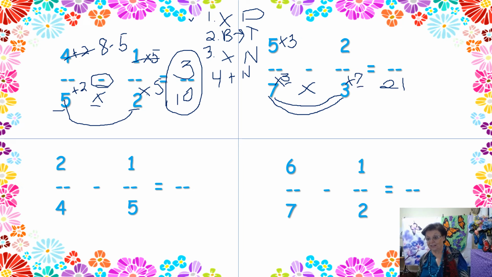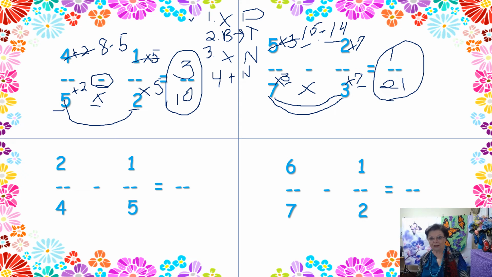And 7 times this 2. What is 5 times 3? What's going to be our new numerator over here? That's right, 15. What is 2 times 7? What's going to be our new denominator over here? 14. 15 minus 14 is 1. There is our answer.